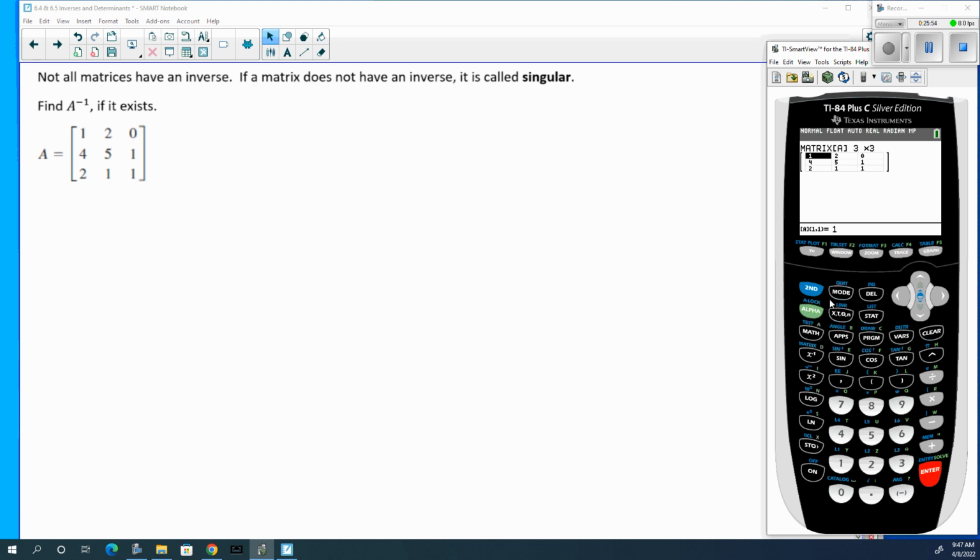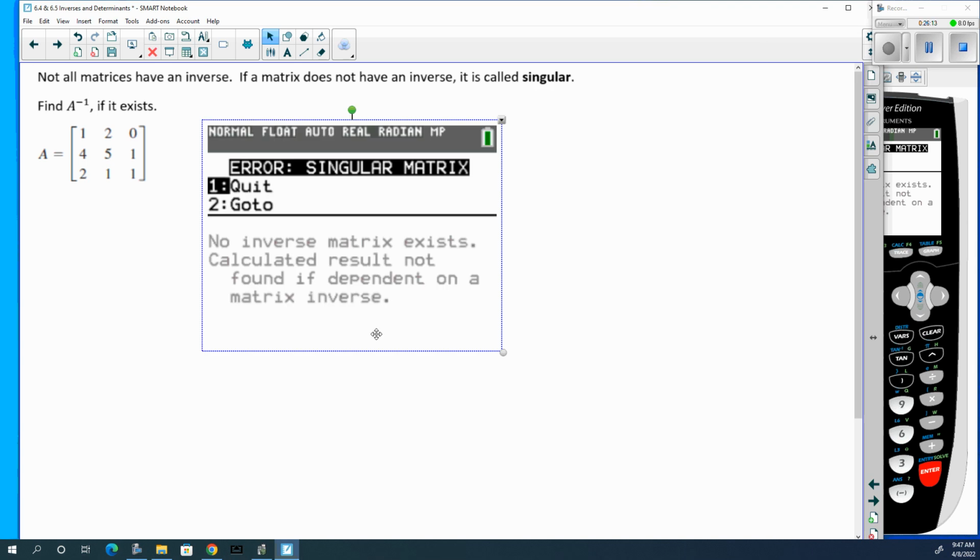And then again, after you hit enter, get out of your matrix to the main screen, and then click into the matrix that you edited. Hit the inverse button. Singular matrix, error. There is no inverse for this one. So then you would just select it doesn't exist or whatever they ask you to do in Delta Math. But there is no inverse matrix. That means there is no matrix I can multiply with matrix A that would give me the identity matrix.